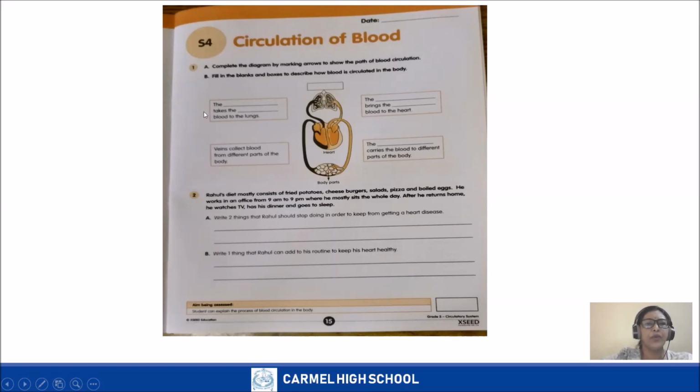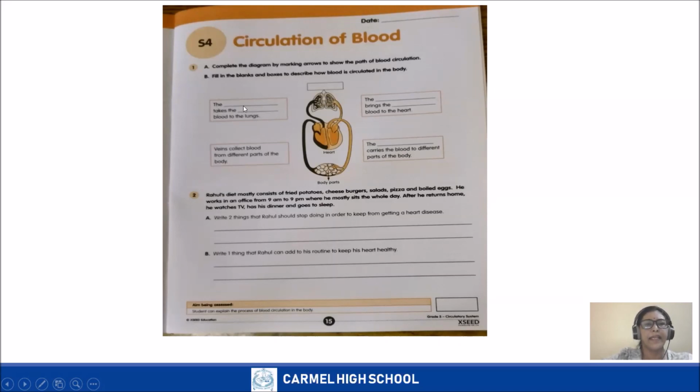Children, as I explained, you have followed. The dash takes the dash blood to the lungs. This is already completed. Veins collect blood from different parts of the body, right? So here, blood to the lungs. What is that? From where?